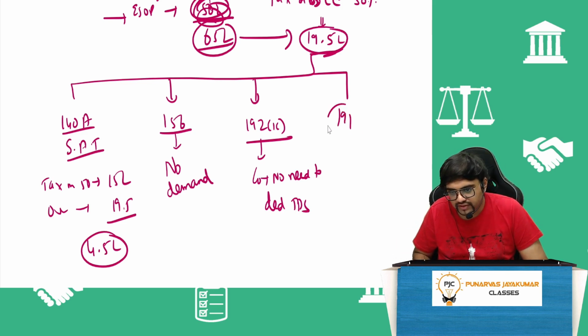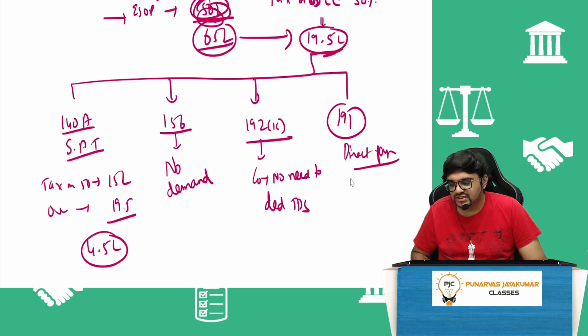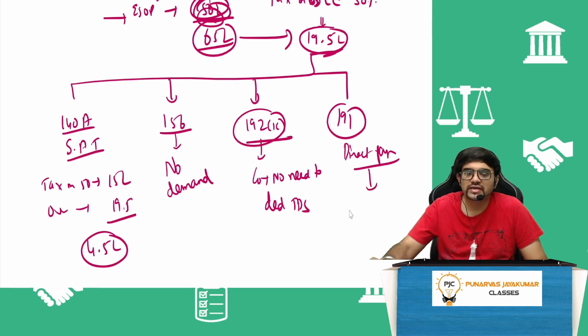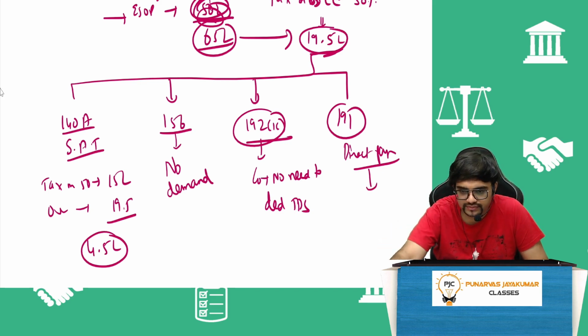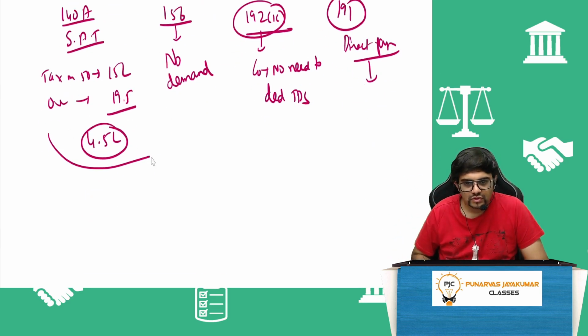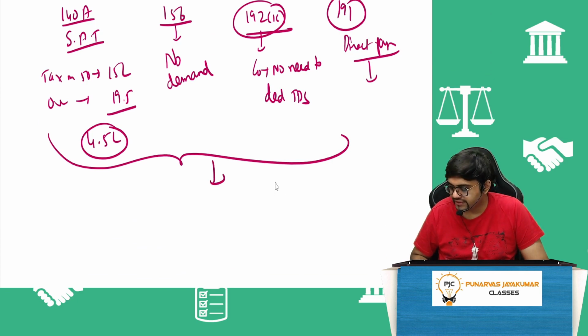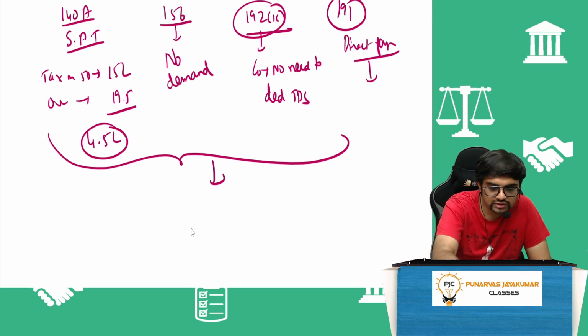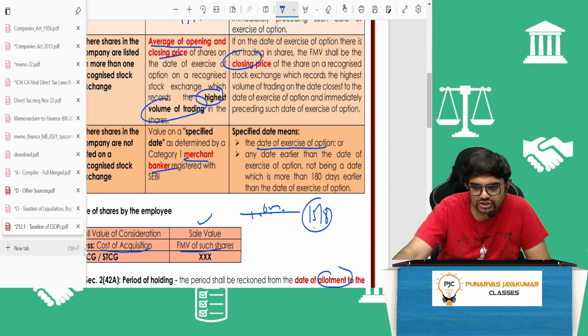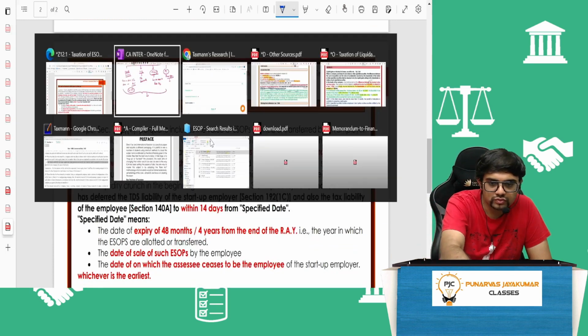Then under 191, it's a direct payment, which means if TDS is not deducted by the employer, the employee has to pay. This also got amended. Even if the company does not deduct TDS, you have to deduct TDS at a later date. What is that later date? We'll see. All these things were amended to a future date. What is that future date? We'll see. See the notes, page 12.2.